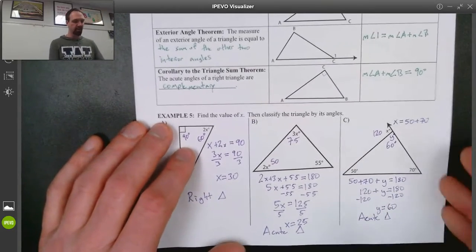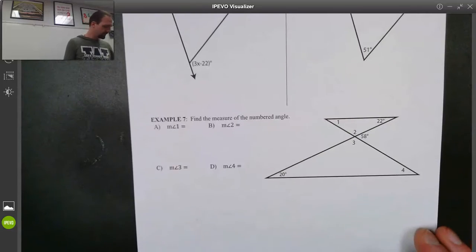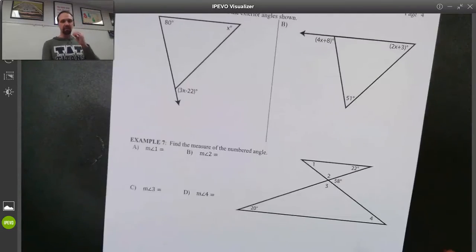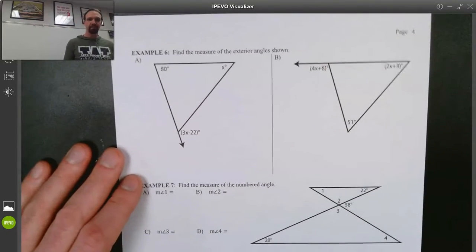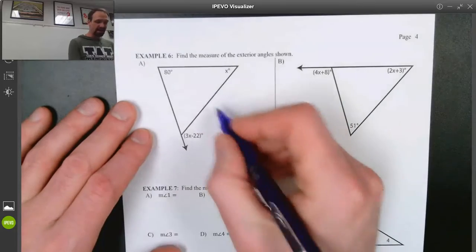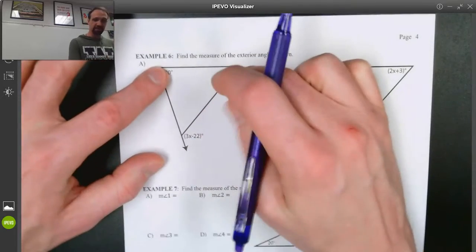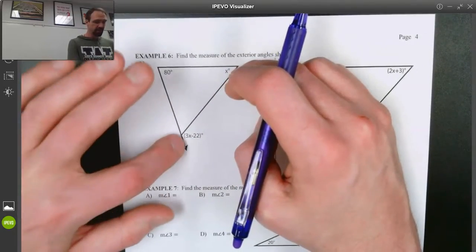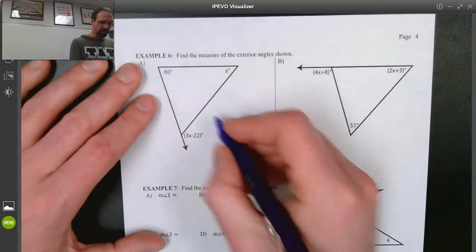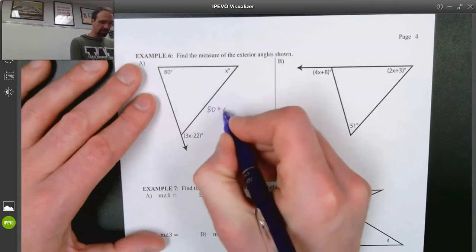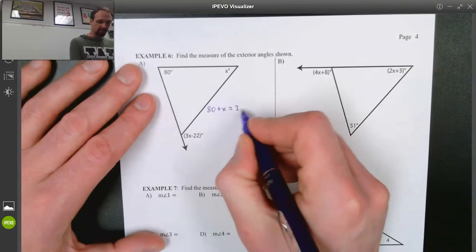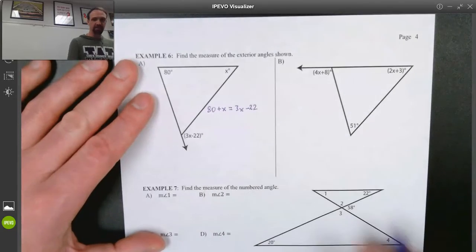So that is that for that triangle. Example 6. Find the measure of each of the exterior angles shown. So I know that these two added together, summed together, will give me this value here. So 80 plus x is equal to 3x minus 22.